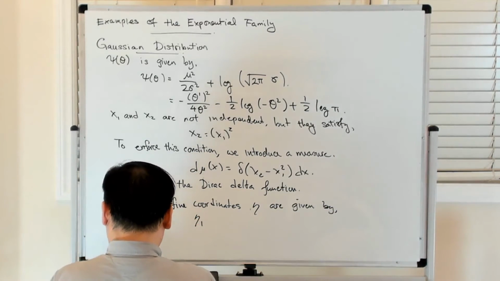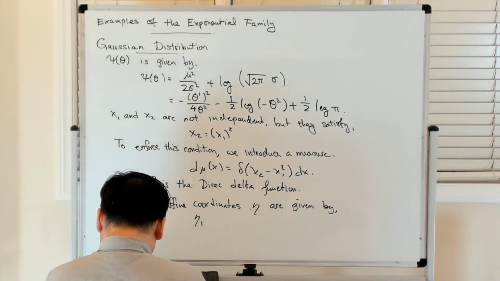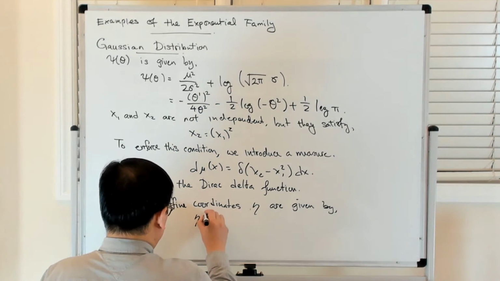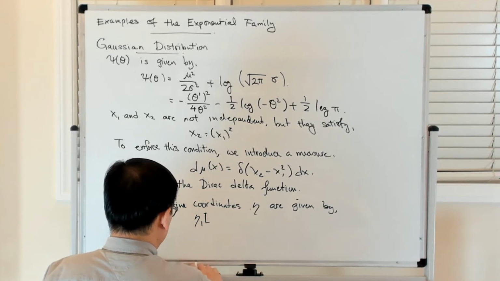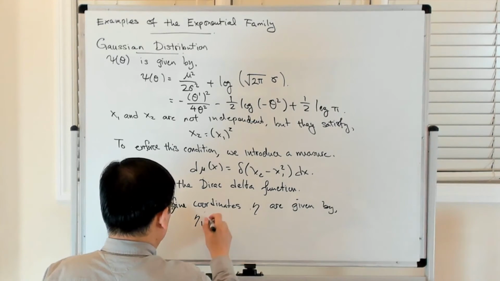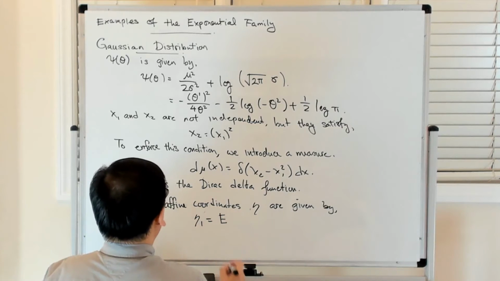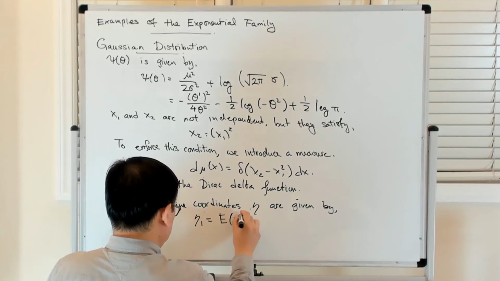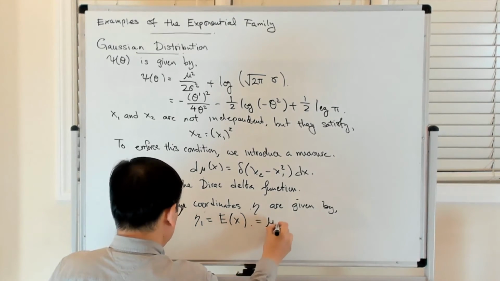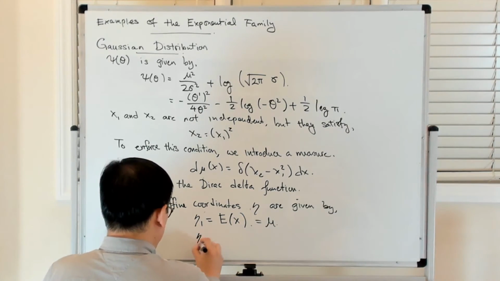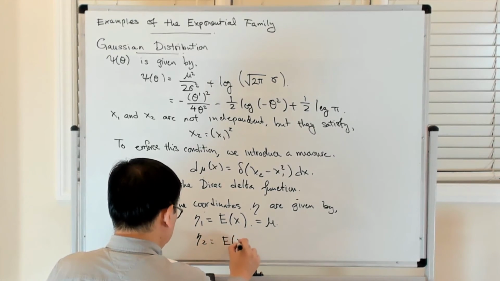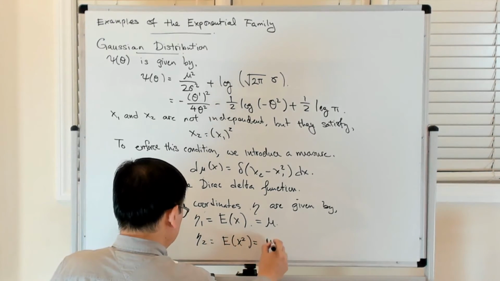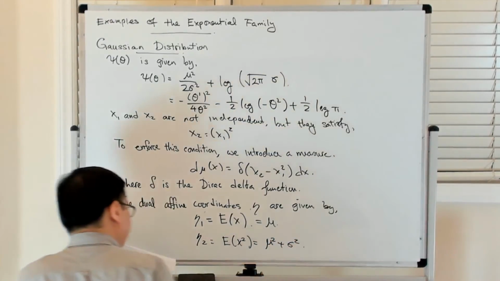Eta 1 is the expectation of x, basically. That's mu. And eta 2 is the expectation of x squared. That's mu squared plus sigma squared.